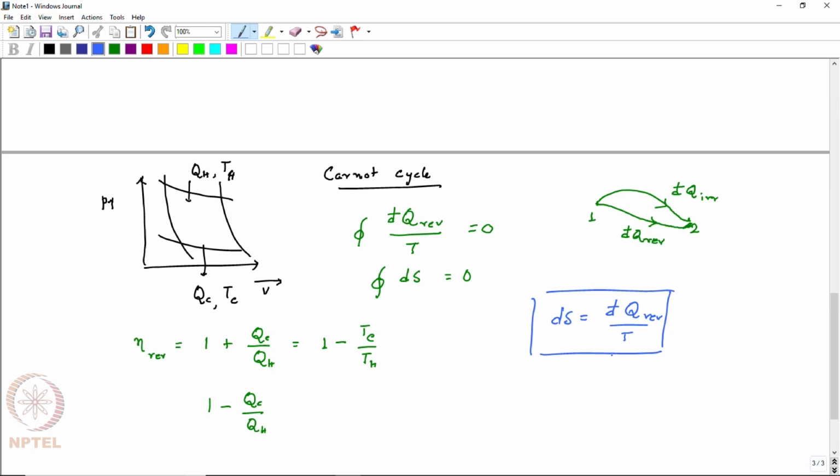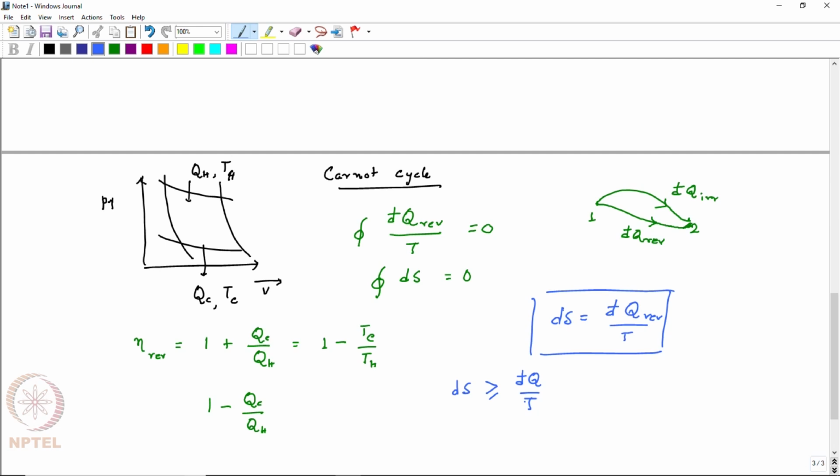Then we talked about a very interesting thing known as the Clausius inequality, which says that dS will be greater than or equal to d cross q by T. It will be equal to d cross q by T if the d cross q is d cross q reversible, or the process is reversible. But if it is an irreversible process, then dS will be greater than d cross q by T.